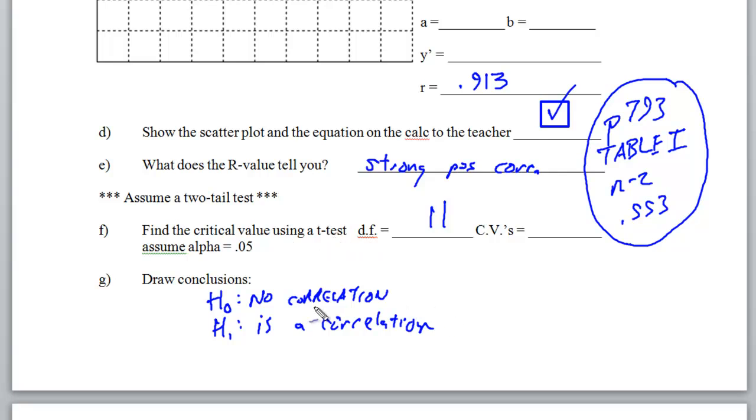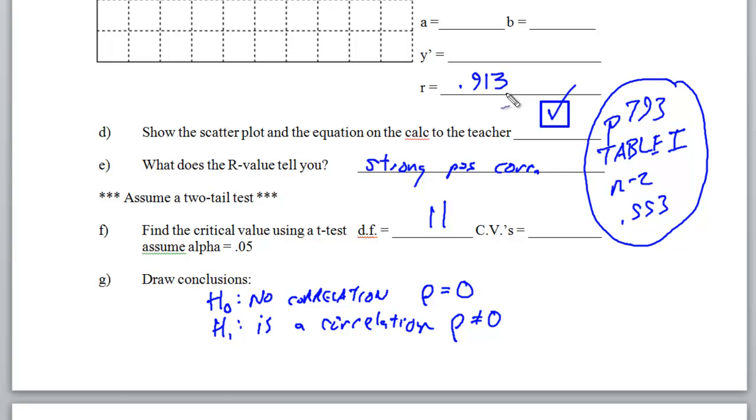For our null hypothesis, we take rho equal to 0, no correlation. The alternative is where rho is not equal to 0, there is a correlation. And rho is another letter for r. Obviously, our rho is like 0.913.